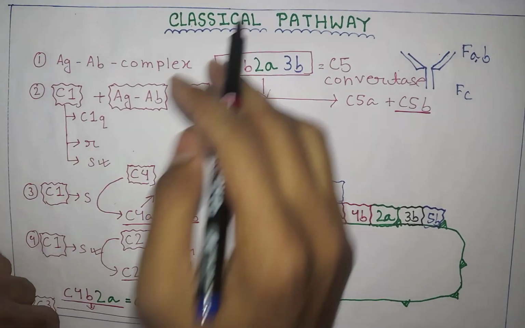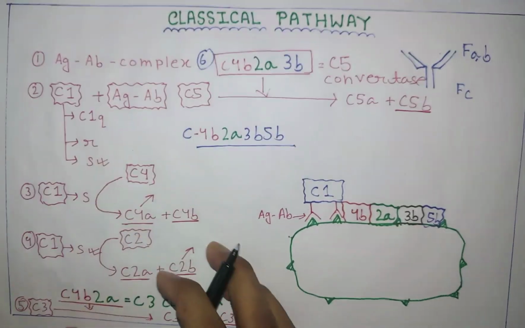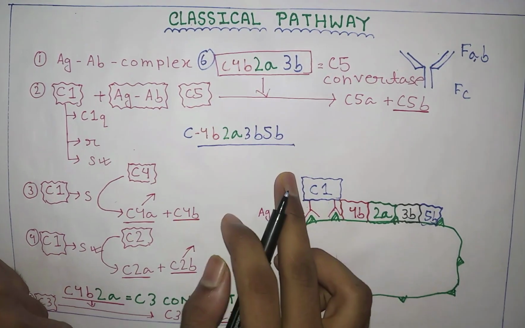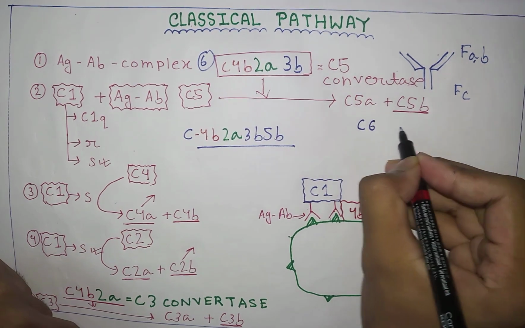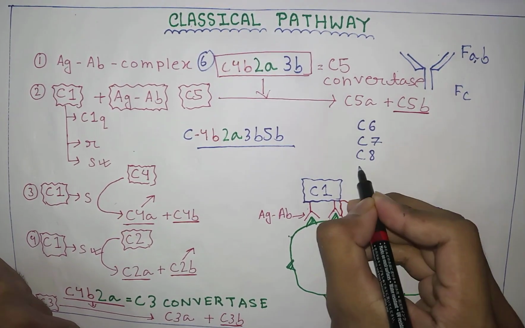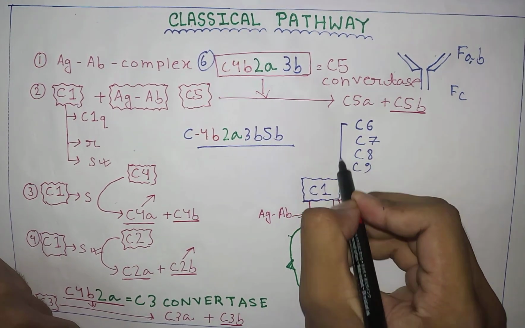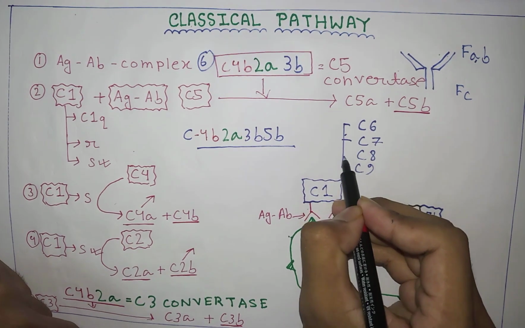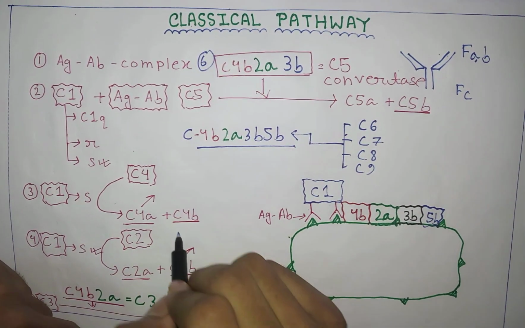Next, it was the sixth step, after the fifth. Now what will happen next? C6, C7, C8, C9 complement will come. These complement proteins will come and attach with this complex.